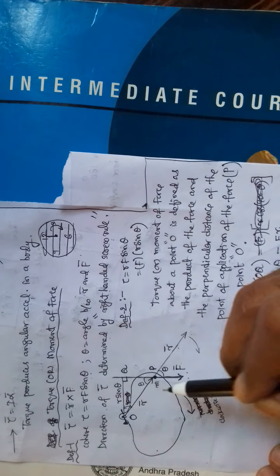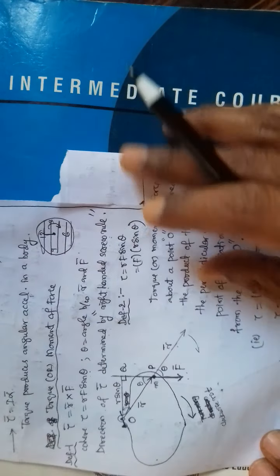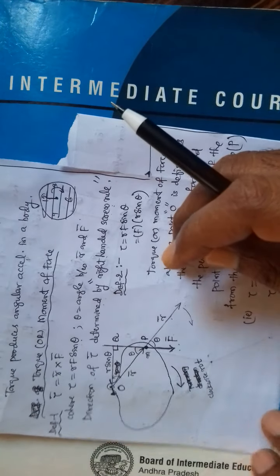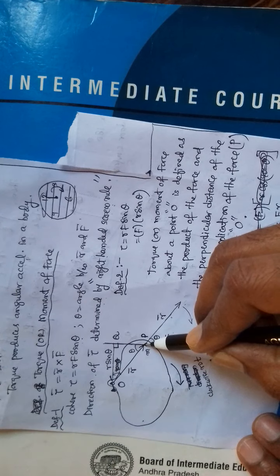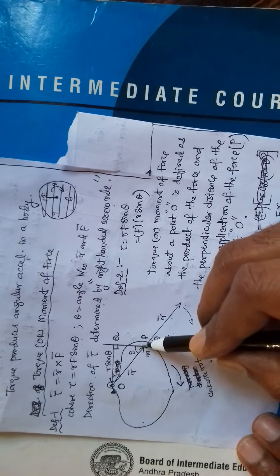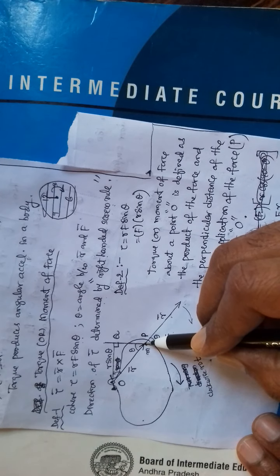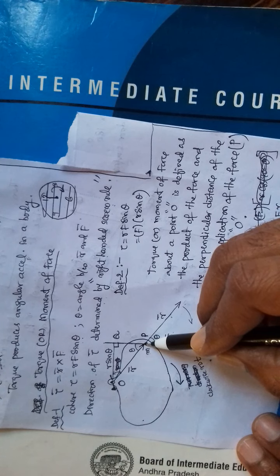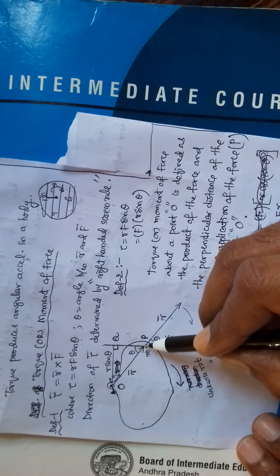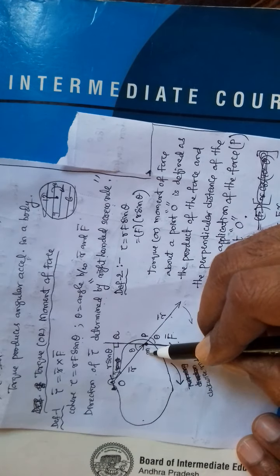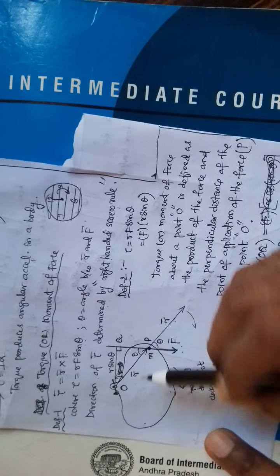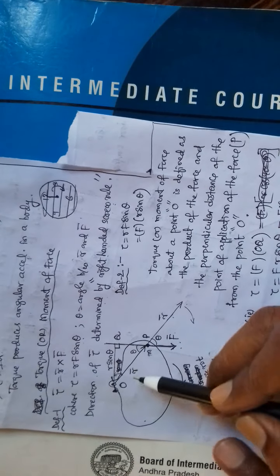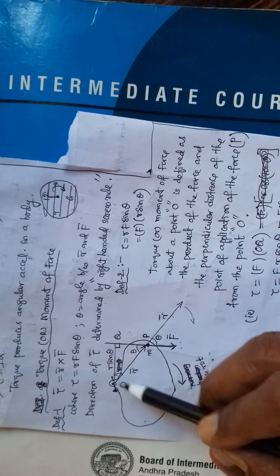Okay. Now if you apply force, there are several mass particles. Here you have chosen one mass particle. See its position. The position of the mass particle is represented by the position vector. The position vector starts from the origin and ends at the particle.